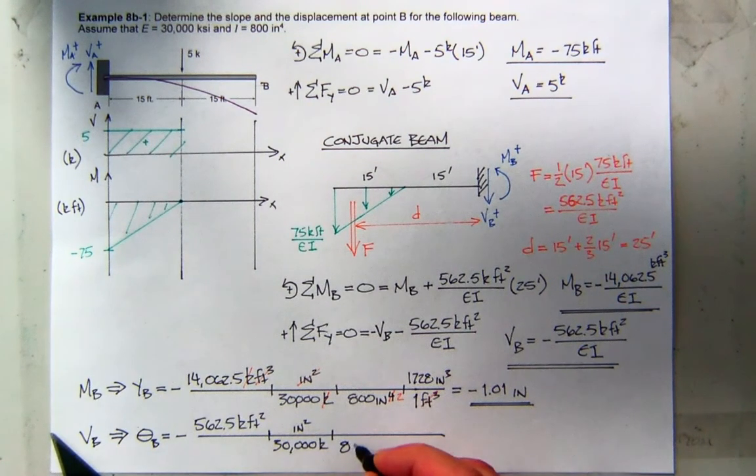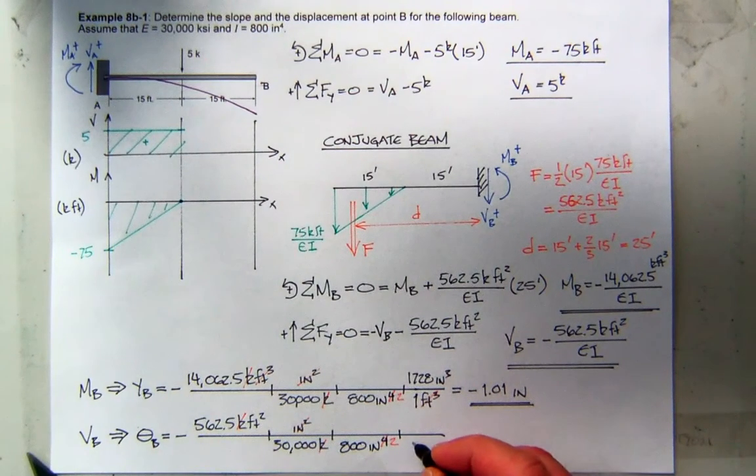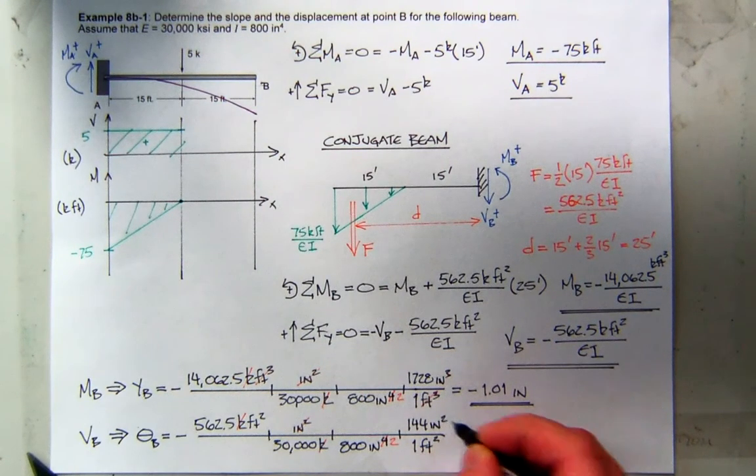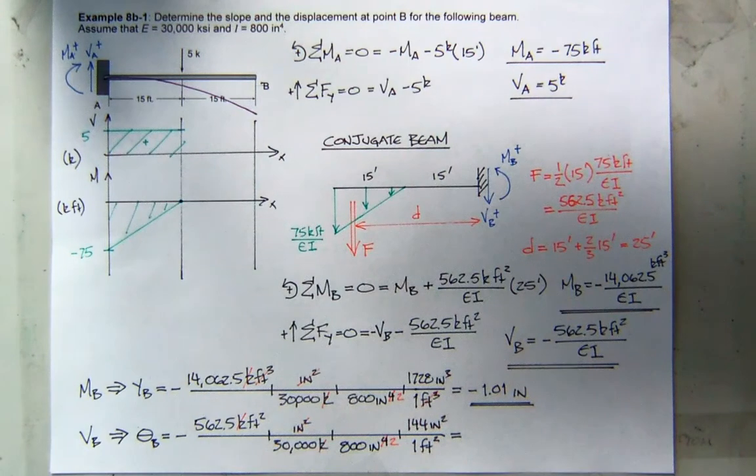I is still 800 inches to the fourth. And kips still cancel here. So I've got feet squared over inches squared, so I have to convert that. 1 foot squared is 144 inches squared, 12 squared.